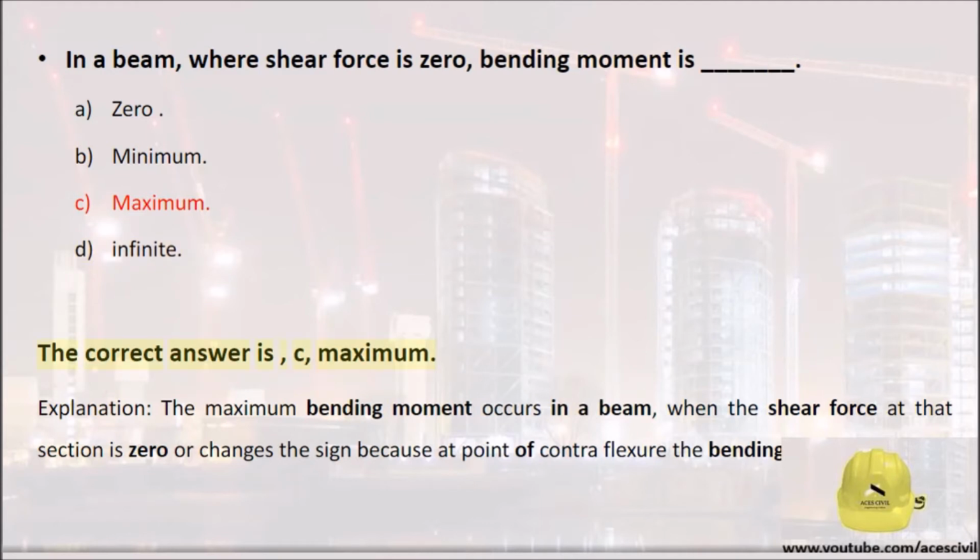The correct answer is C. Maximum. Explanation: the maximum bending moment occurs in a beam when the shear force at that section is 0 or changes sign, because at the point of contraflexure the bending moment is 0.